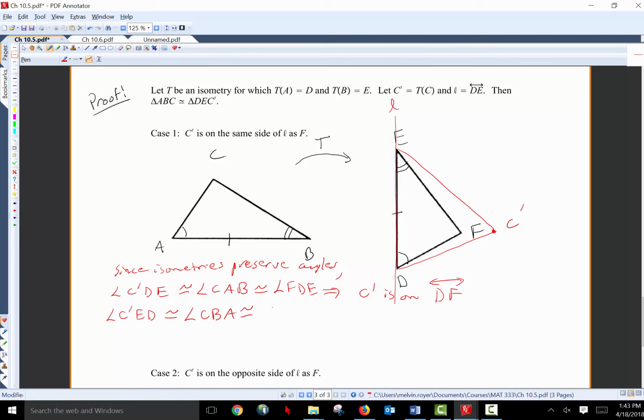And CBA was given to be congruent to FED. So if C prime ED and FED are both congruent to the same angle, they're congruent to each other. And this tells us that C prime, in fact, is on line EF.